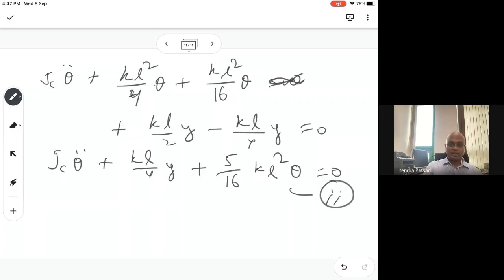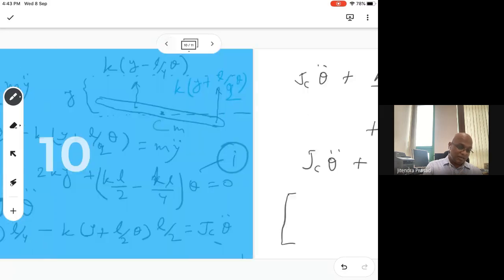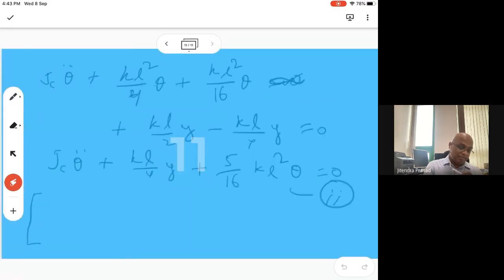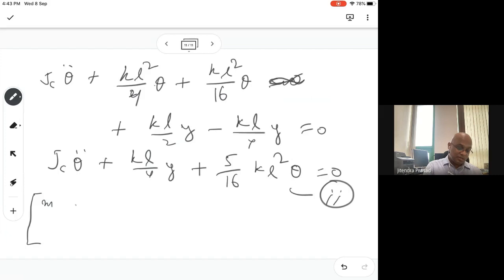Now we have to arrange them together. What will be the equation? Look at both of them. We can write like this. First we have m, so we write here m, 0, 0, JC, and then y double dot and theta double dot, plus, now we have to write the k term.